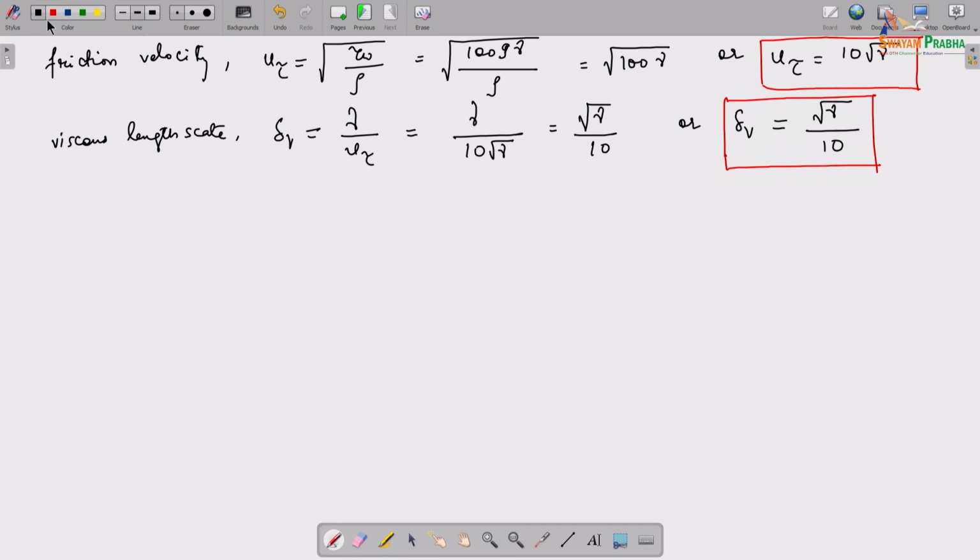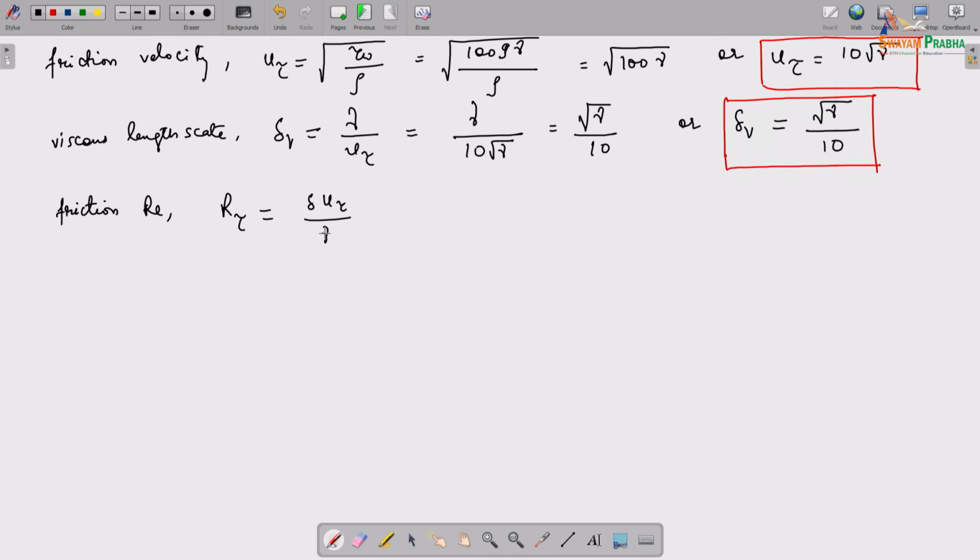Then the friction Reynolds number, Re tau, is equal to, well, this could be like a cross check here. We could do that first. So it is delta u tau by nu, but we don't know what delta is.